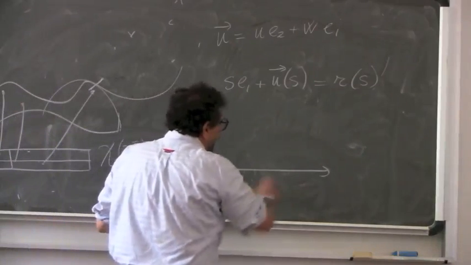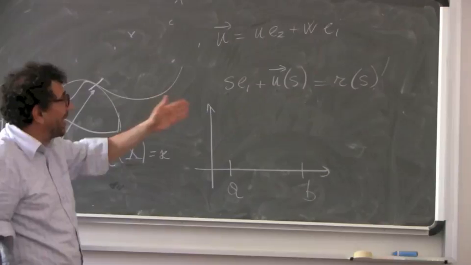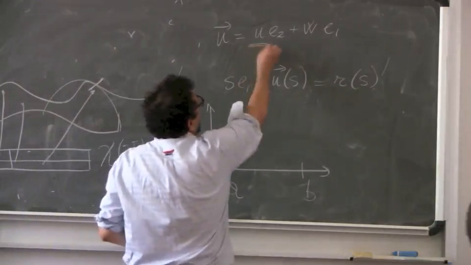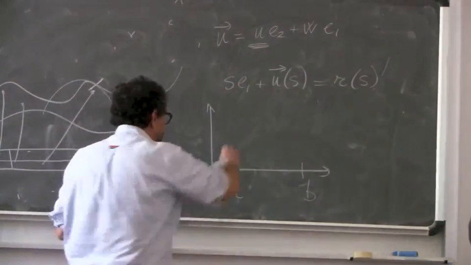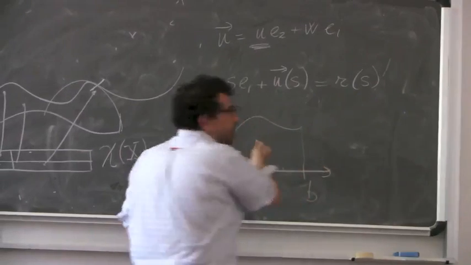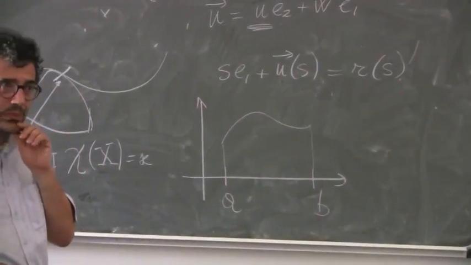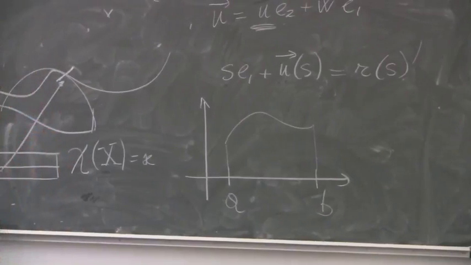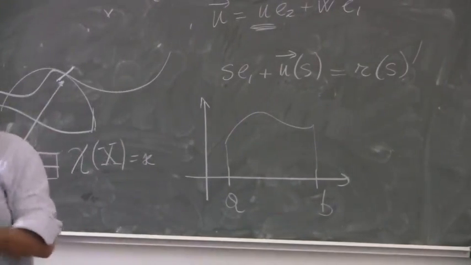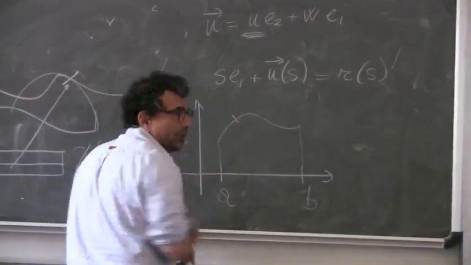So if you have the interval AB, you write the plot of this scalar function, you draw the plot, and you have the shape of your beam. Okay? Imagine that you want to discover the direction of one section.